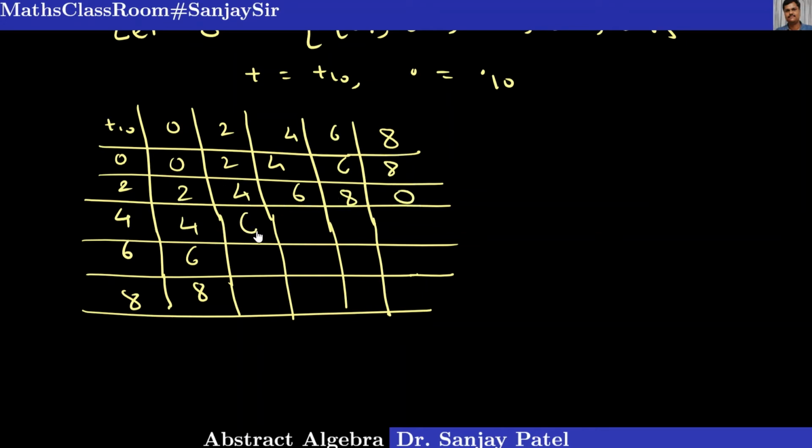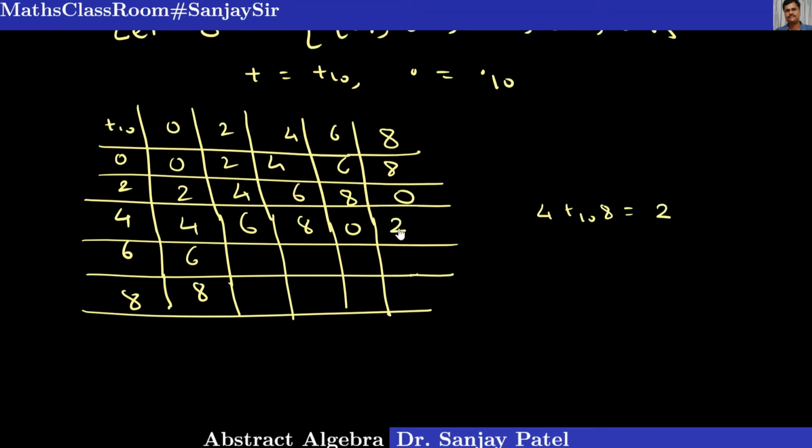4 plus 2 is 6. 4 plus 4 is 8. 4 plus 6 is 10, and 10 is equal to 0. 4 plus 8 is 12, and 12 modulo 10 is 2.